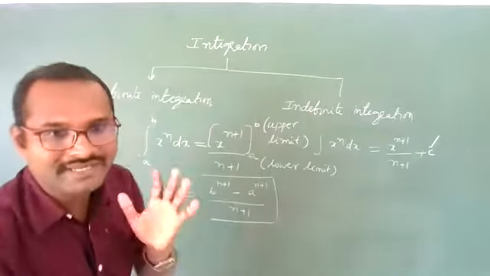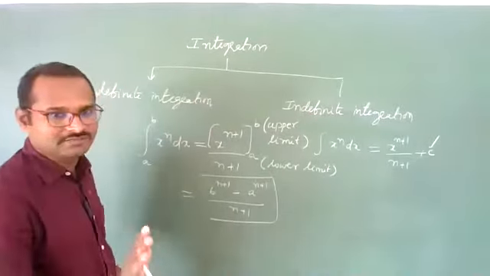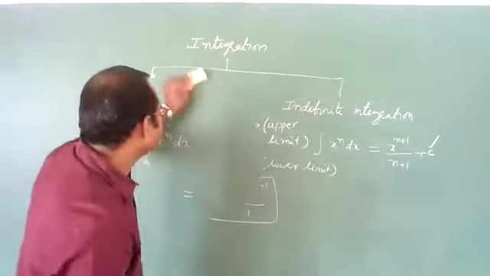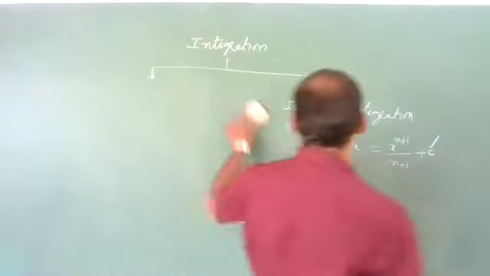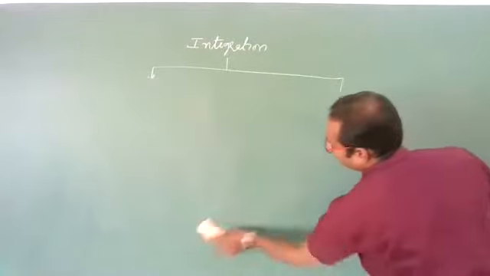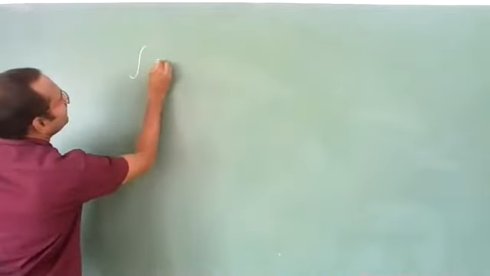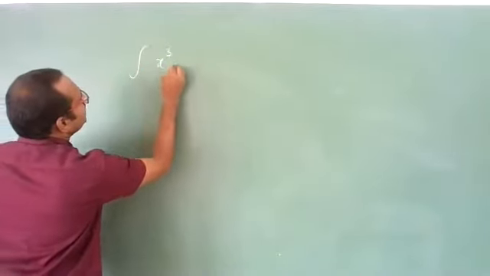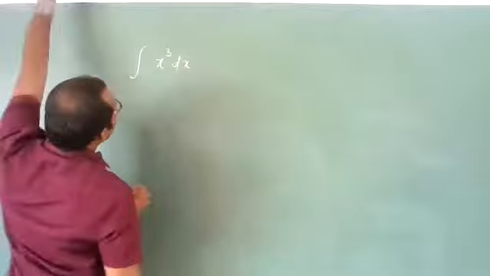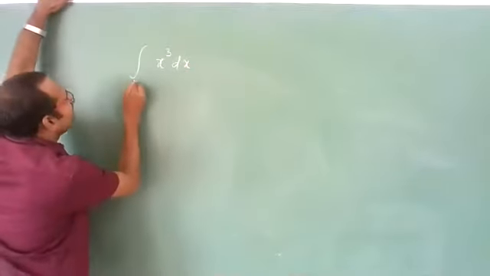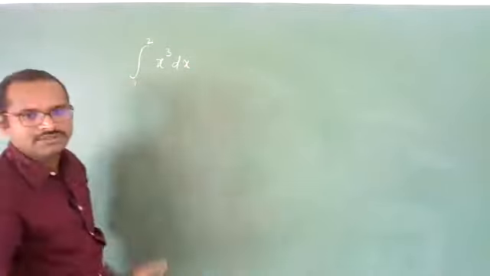Let us take one example so that you will understand. Let us imagine we have the integration of x cube dx, with x ranging from 1 to 2. What do we call this integration?